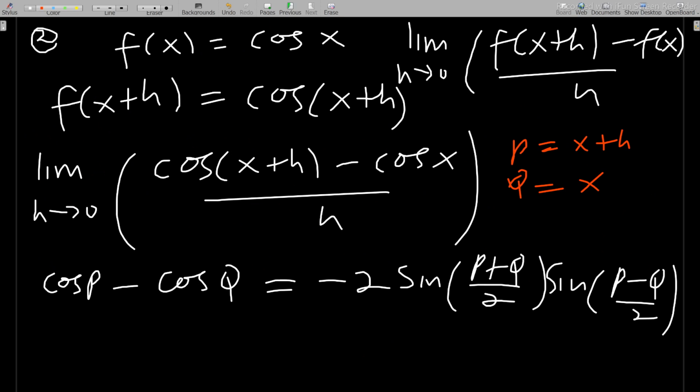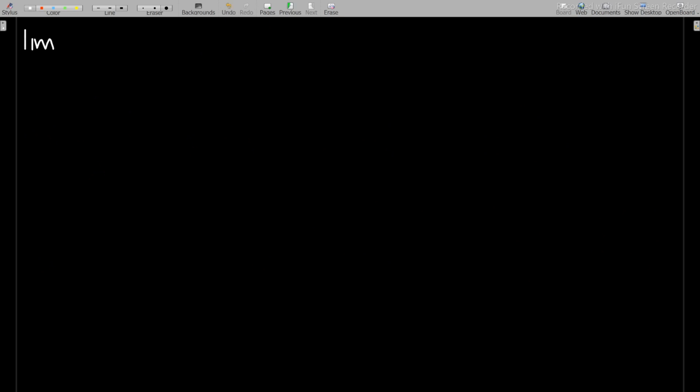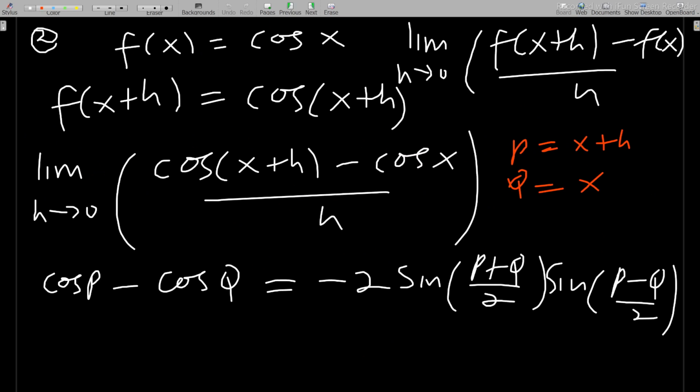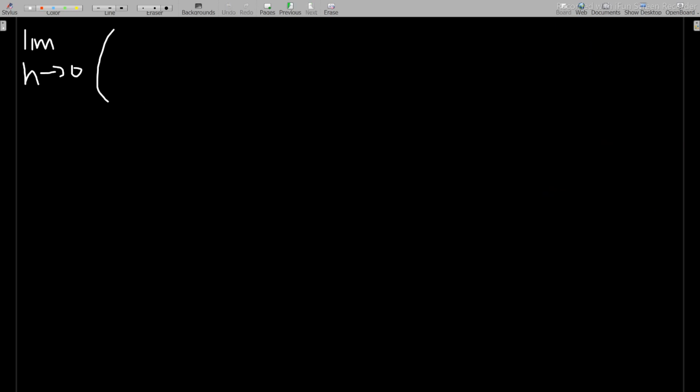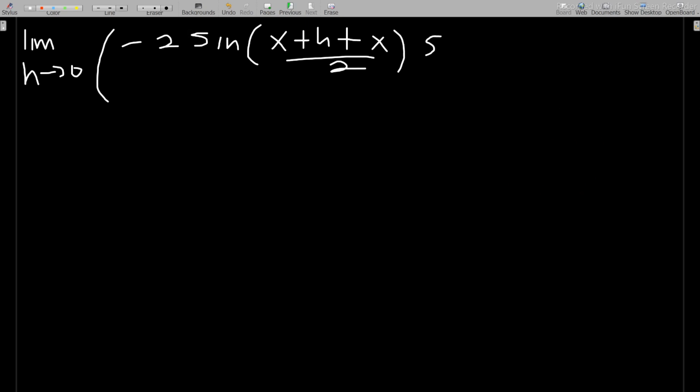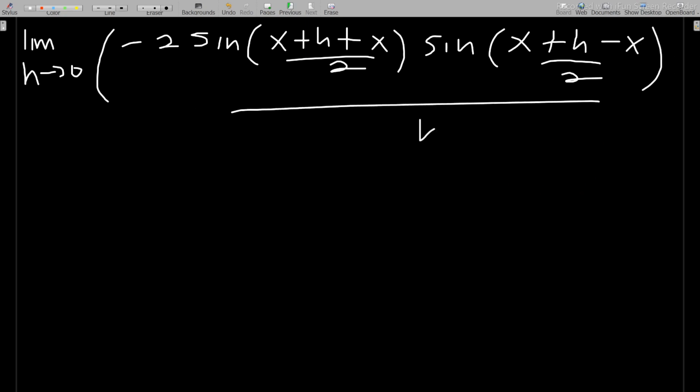So it means we'll have the limit as h approaches 0 of, now we have cos something minus cos something, and we are coming to use this expression here. So we have minus 2 sine of p plus q over 2, which is (x plus h plus x) over 2, then sine again of (x plus h minus x) over 2, then all over h.